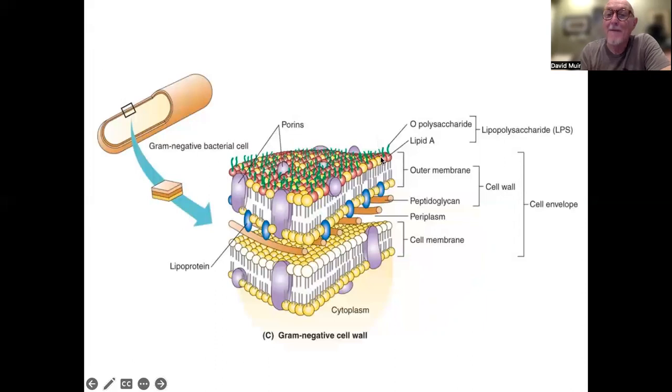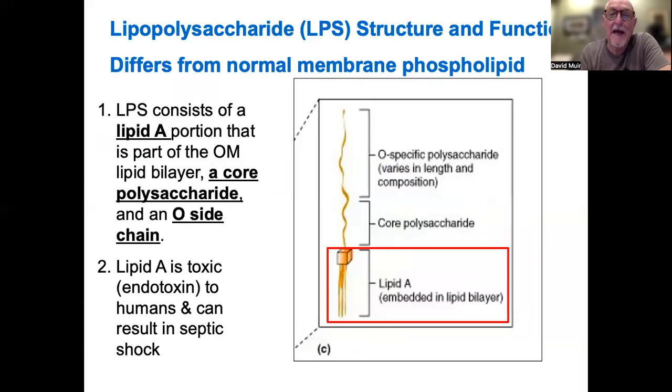The gram-negative does not stain blue-black. The stain does not stick to the cell because it doesn't have a thick peptidoglycan layer, and we end up in the gram stain with the gram-negative staining pink. That will be discussed in more detail when you get to the lab.